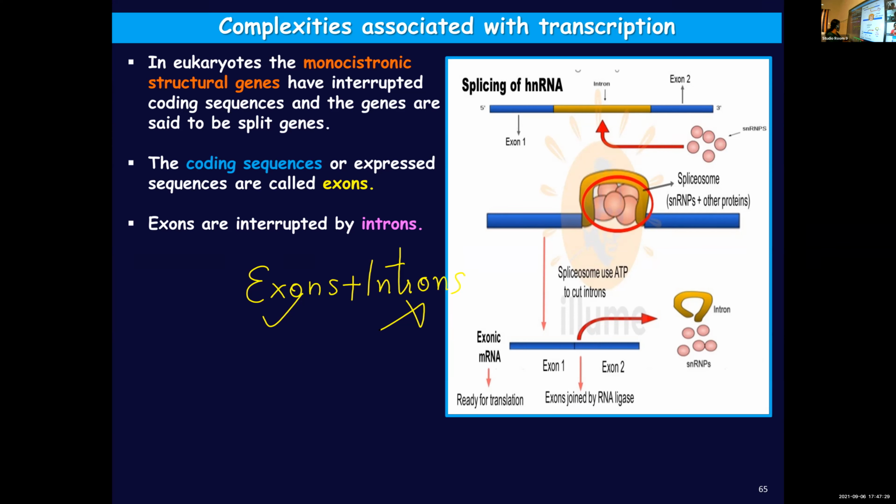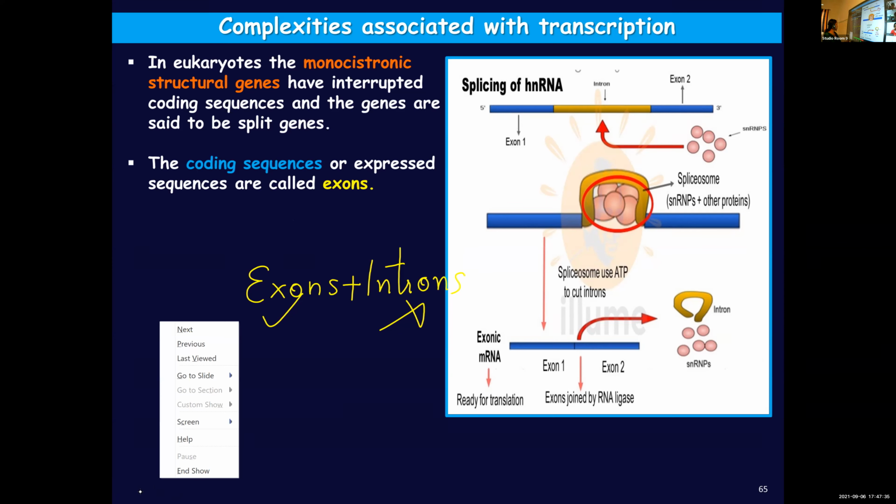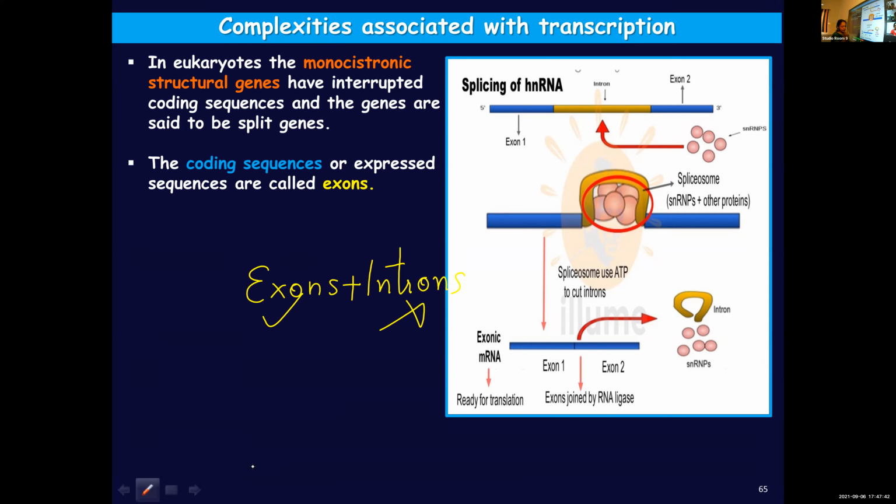Children, see the figure over here. Just a minute. Okay. See, this is a RNA. And here you can see this is exon, in between intron, then again exon. And these sequences are unwanted sequences.